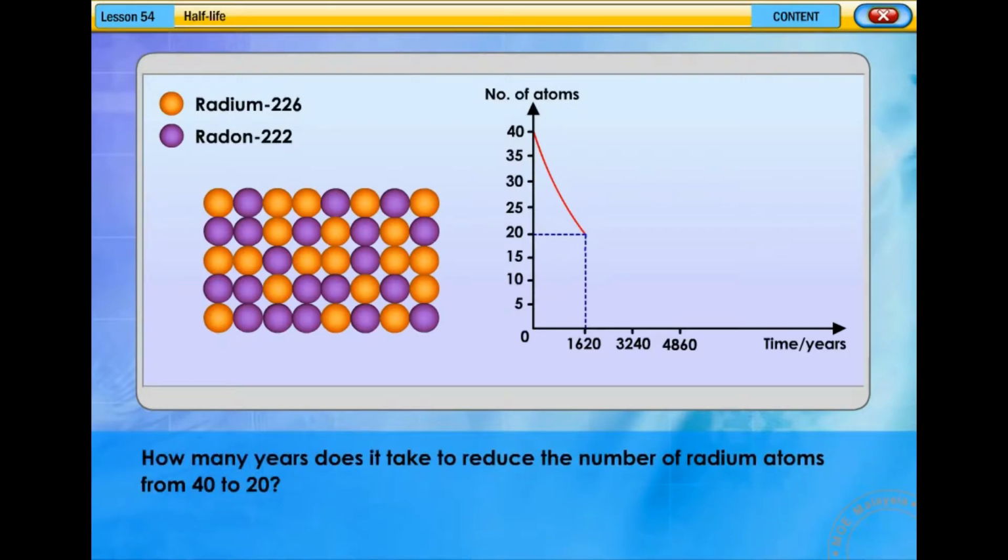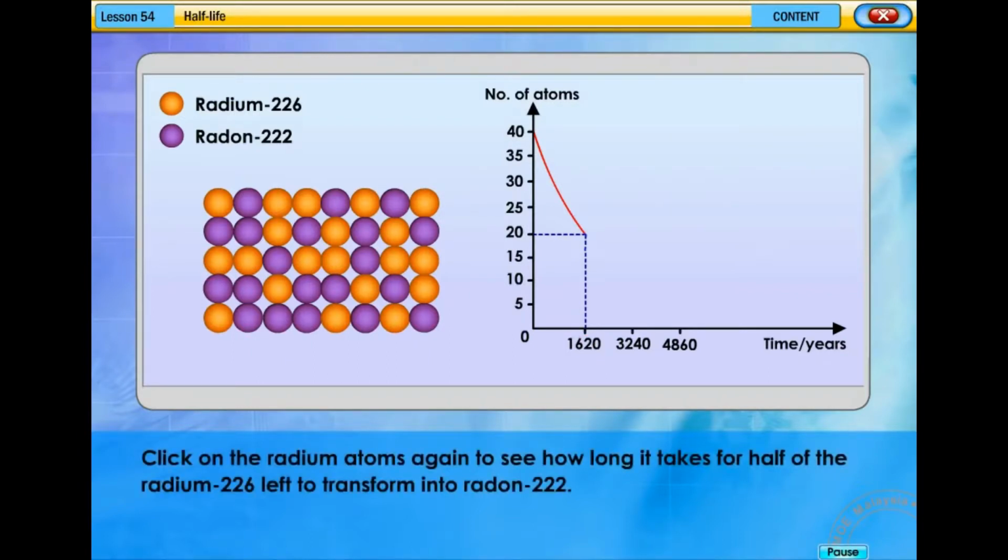How many years does it take to reduce the number of radium atoms from 40 to 20? Click on the radium atoms again to see how long it takes for half of the radium-226 left to transform into radon-222.